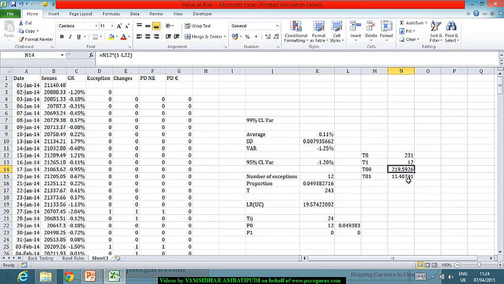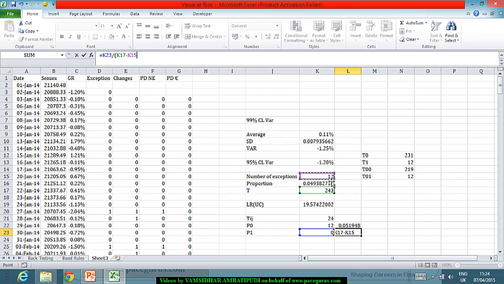Here we are directly finding P0 and P1. I am dividing 12 not by 243 but by 243 minus 12. Similarly, P1 also I will divide by 243 minus 12.